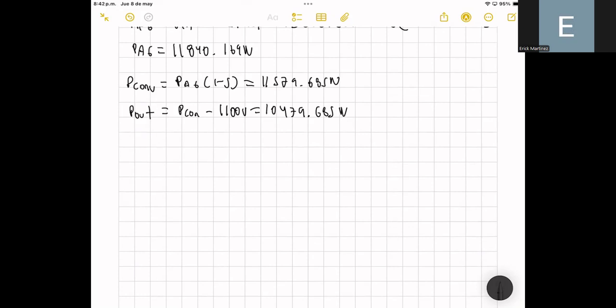And what else we can do? Well, we can compute also the induced torque. If we know the converted power and we divide that by the speed of the rotor. Just take into account that this needs to be expressed in radians over second.